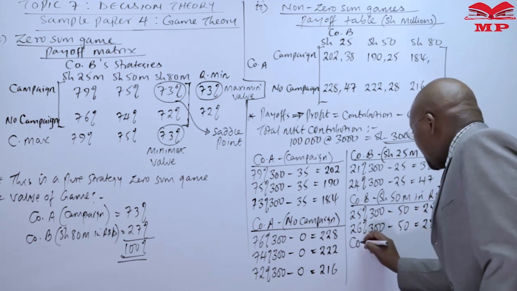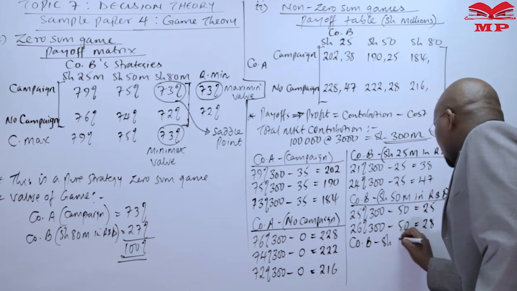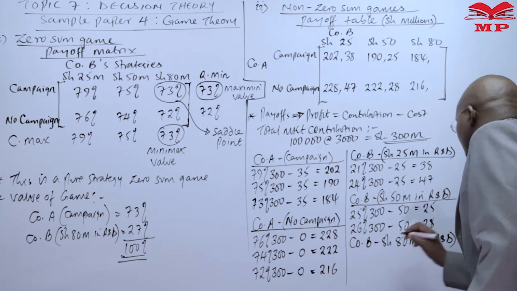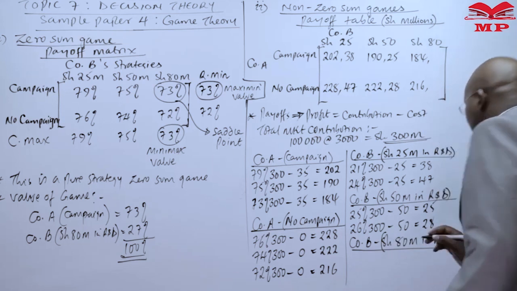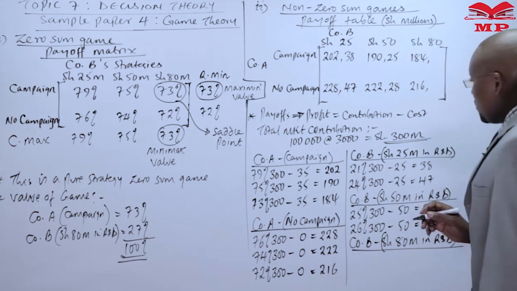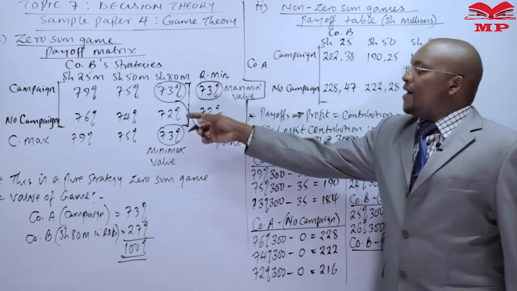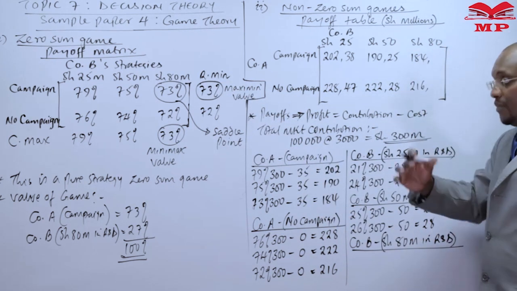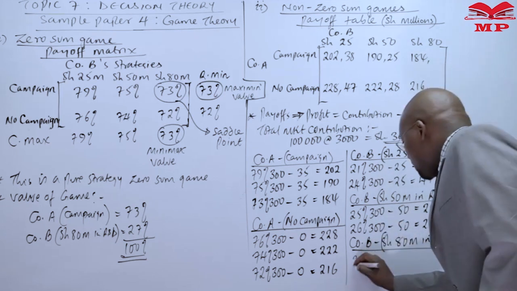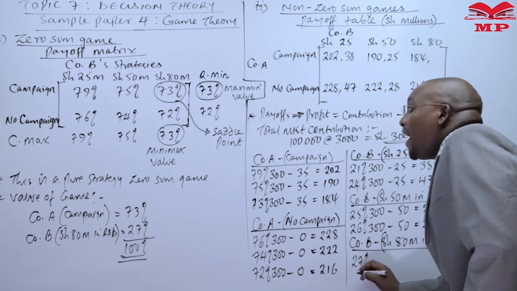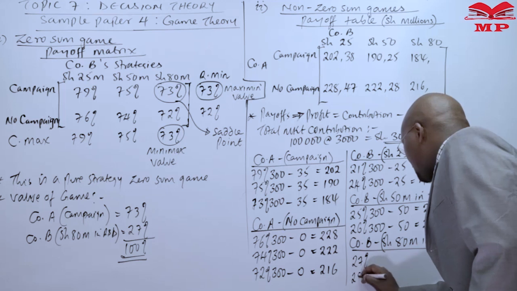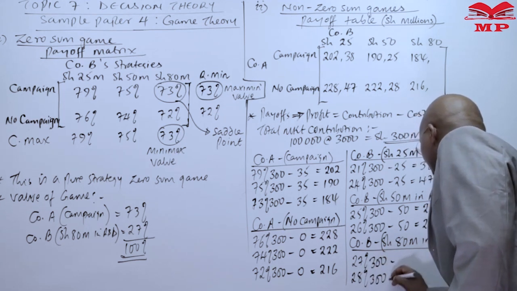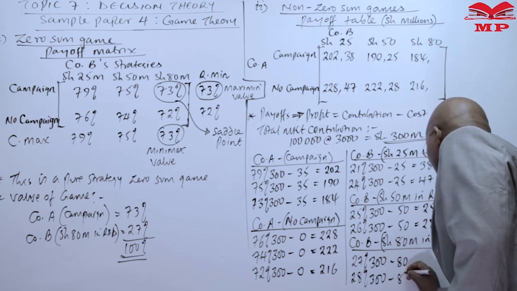Then you have company B investing shillings 80 million in R&D. Now remember company A will be controlling 73% and 72%. So that means company B will be controlling 27% and then 28%. 300 minus, this time, 80 million.